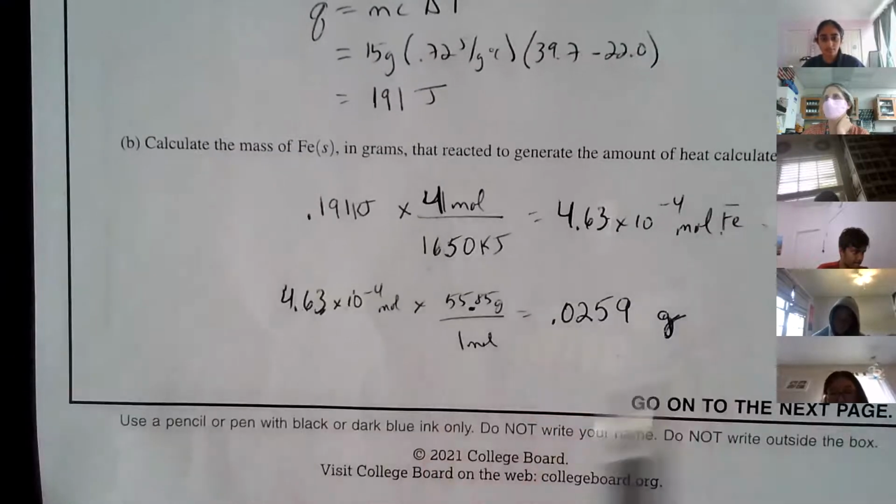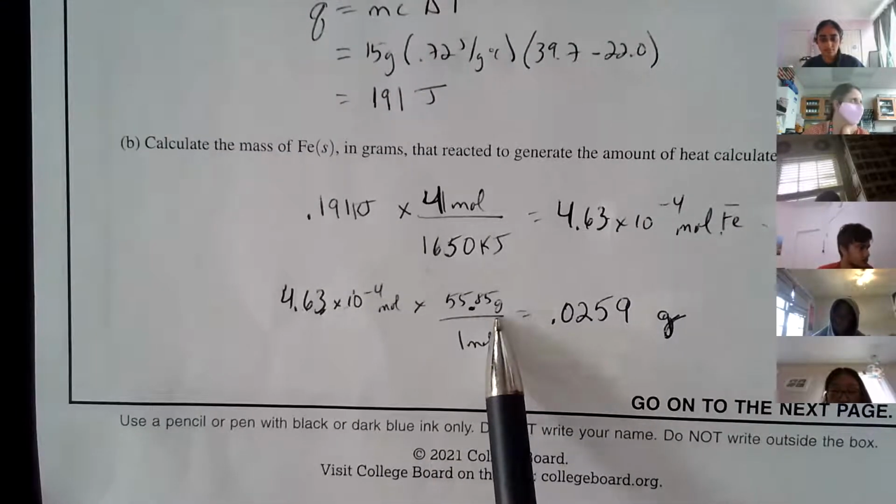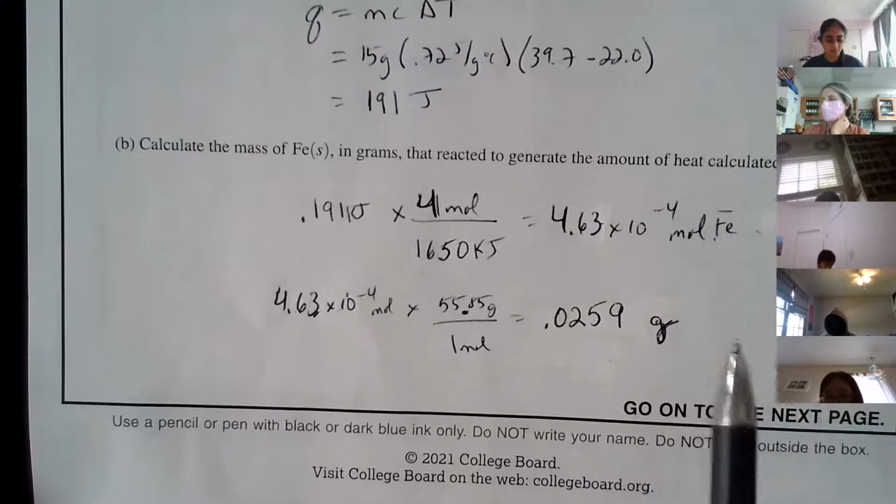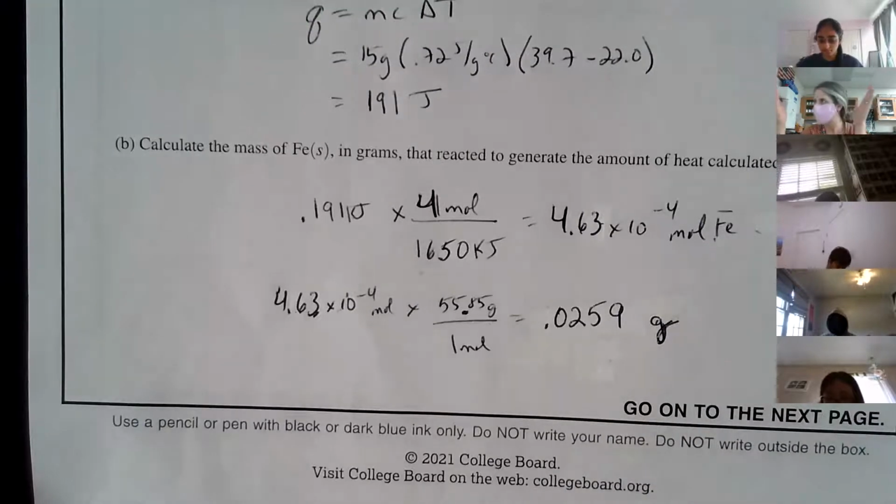And it's always in your best interest, whatever the periodic table says for your molar mass, use that number and keep it all in your calculator and round it at the end. They're probably going to have a range of numbers that they're looking at in terms of correct answers. So don't ever think that if you round it somewhere in the middle, it's going to be the end of the world, because it probably won't be.